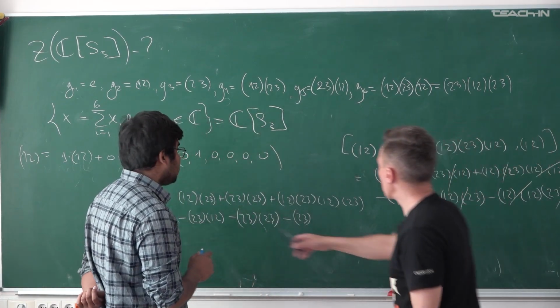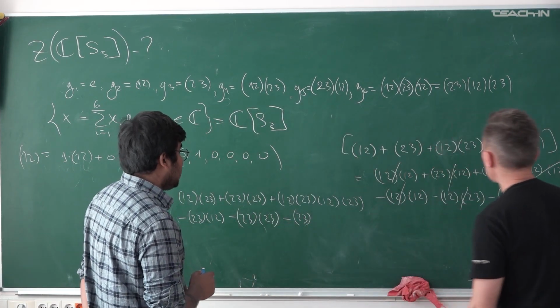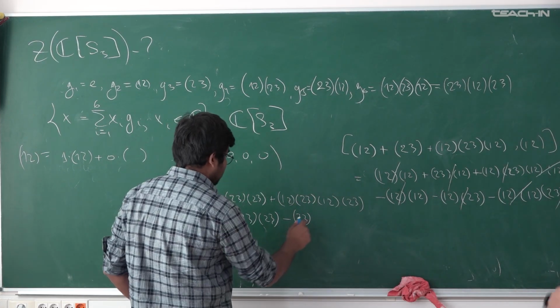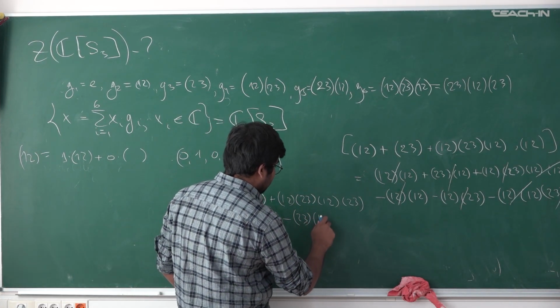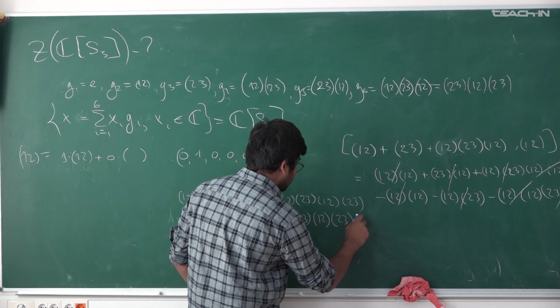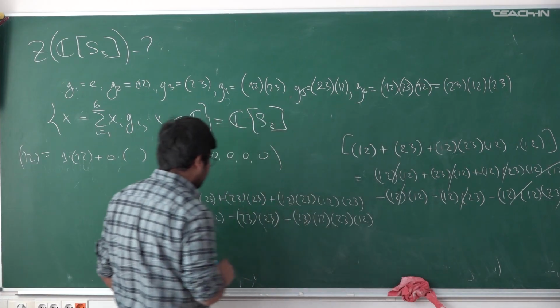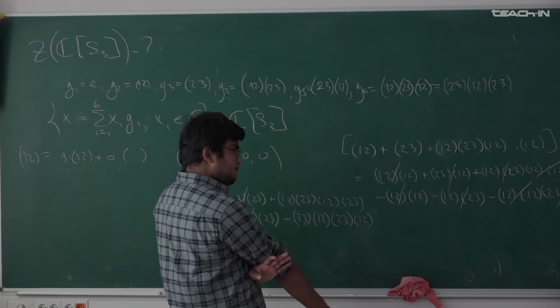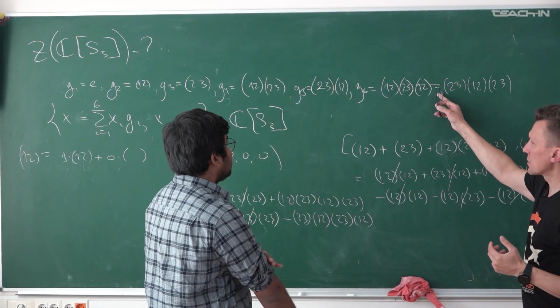This one. What is it? So it's 2, 3 and 1. And then 1, 2, 2, 3, 1, 2. So this cancels. You have to use this equality.